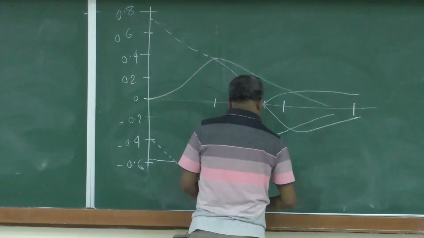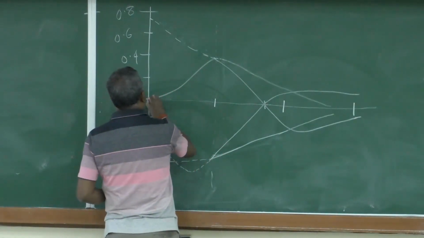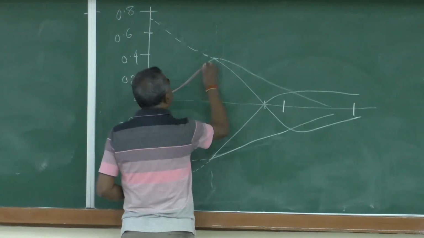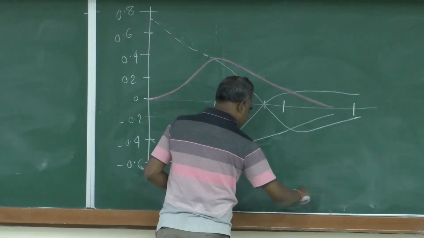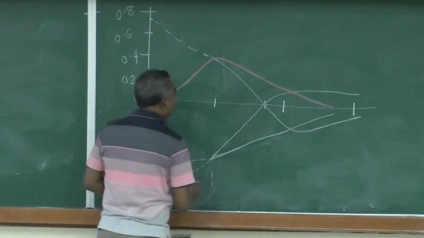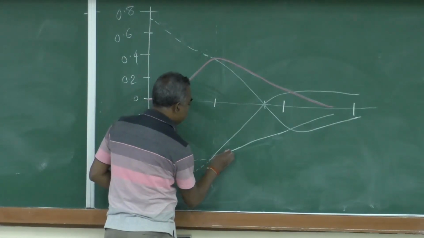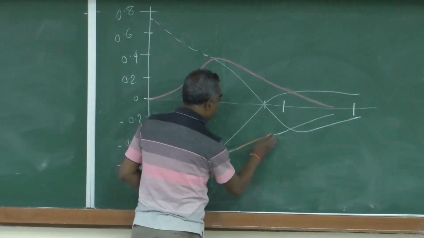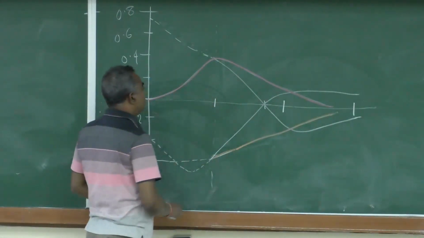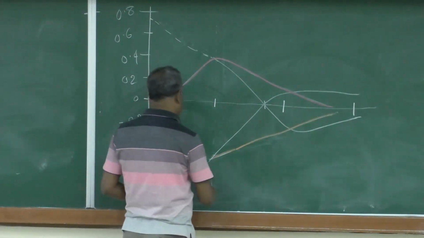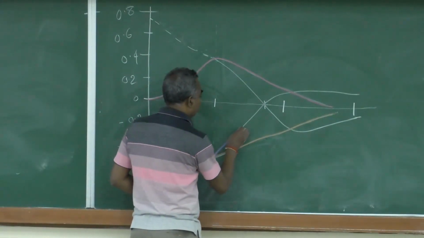So, this is the production term, the variation of the production term. Then this is our dissipation term, and this is the transport term.